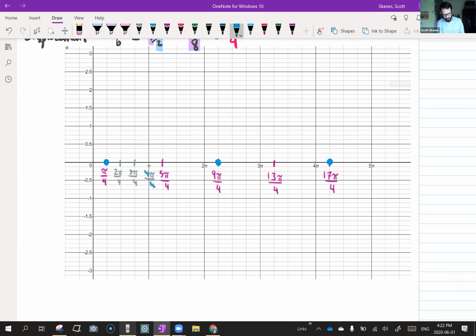You know that it's going to look like this. And halfway between these two, you know is going to be a maximum. So it's up here. And halfway between these two, you know is going to be a minimum. It's down here. So if you want to, you can do these pretty fast. But if you need to, just go back in the table, be really careful, make sure you label things properly. So I'm going to sketch this. This is your chance to get practice sketching as well.